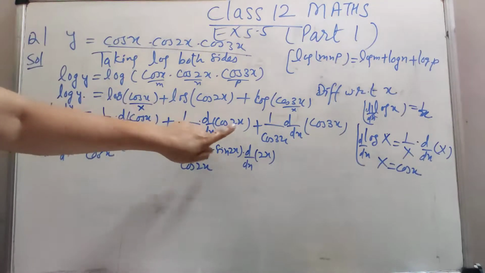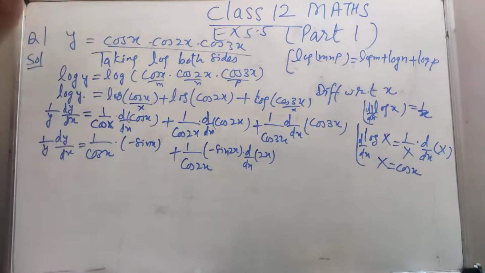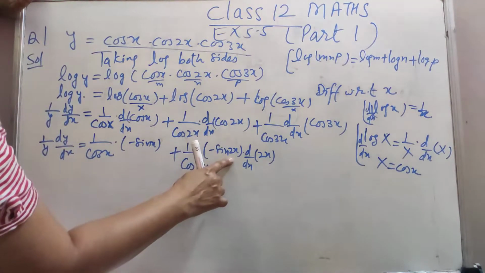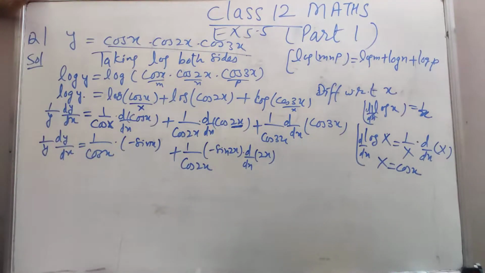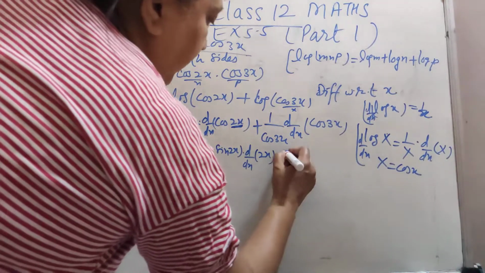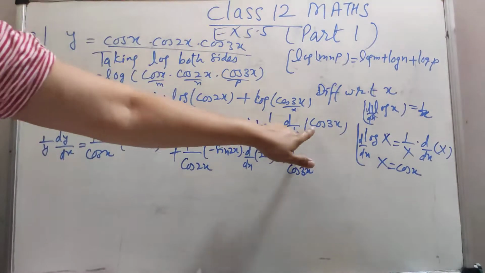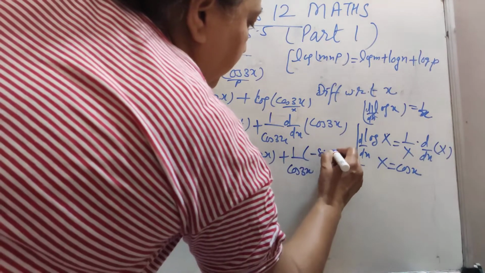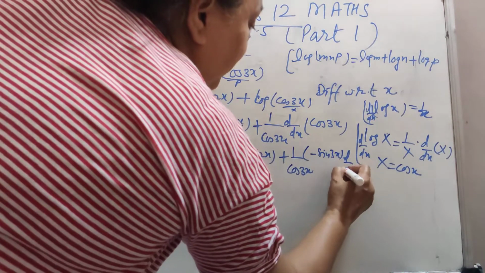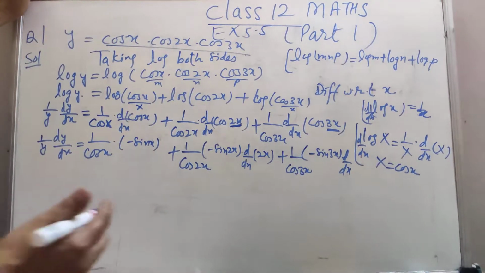Why? It is not just x, so again the chain rule will apply here also. Again next 1 over cos 3x, and what is the derivative of cos 3x? That is minus sin 3x.